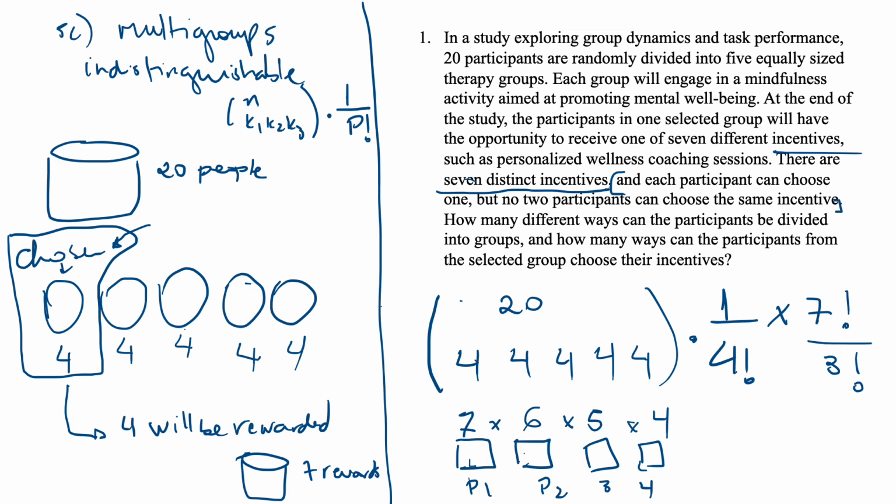They have to choose, right? So some students said, "Oh, this is 7 pick 4. 7 choose 4." Okay? And this is the trap. This is actually where you have to know that this is different from the other answer.